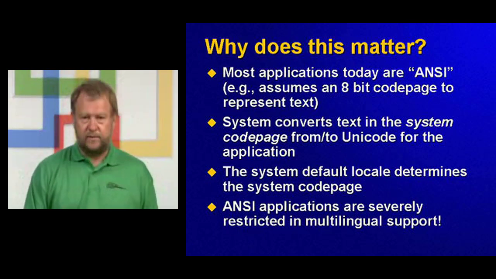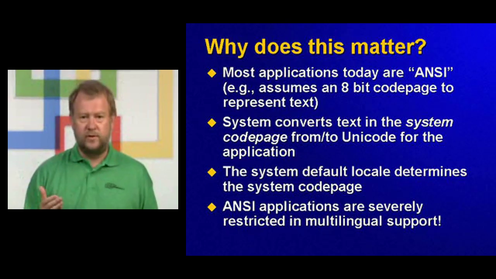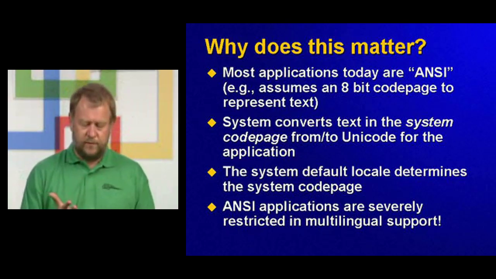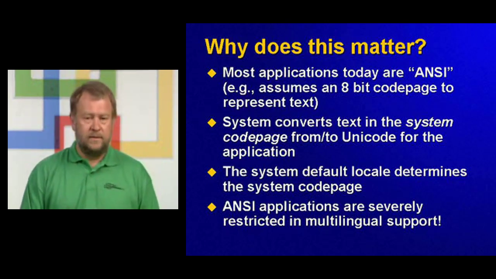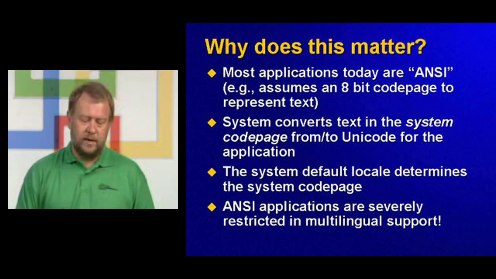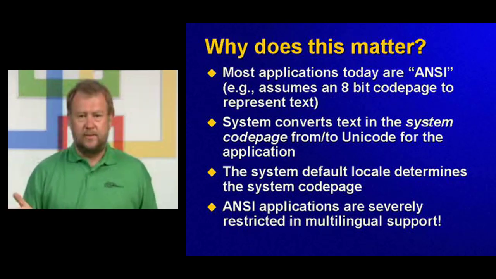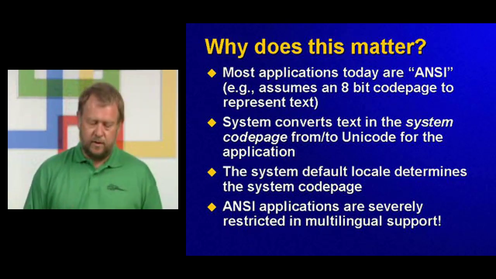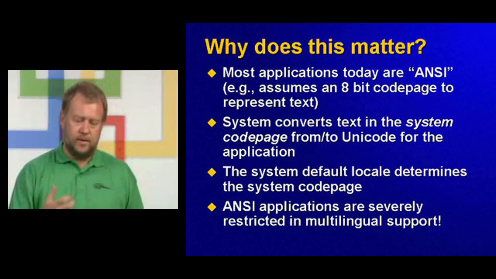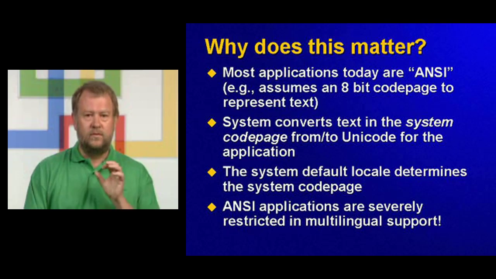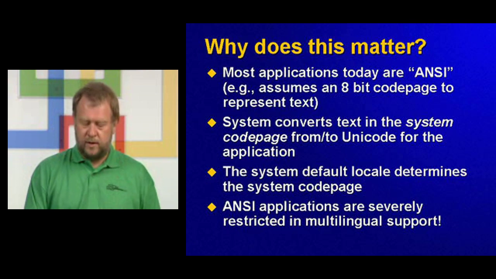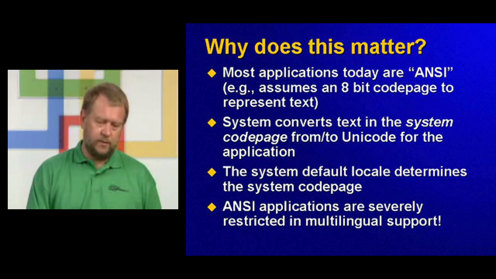For example, if you use code page 1252, which is Western Europe, then you can represent French and German and Spanish and Italian and English, and other Western European languages. But you can't represent Japanese or Korean or Arabic with code page 1252. But with Unicode, that's all possible. So that's why this is significant, and I bring this up because it's going to affect how you deploy your Windows 2000 systems in an international environment.